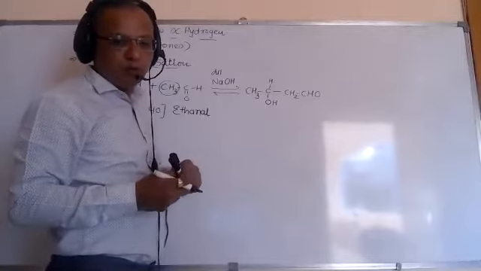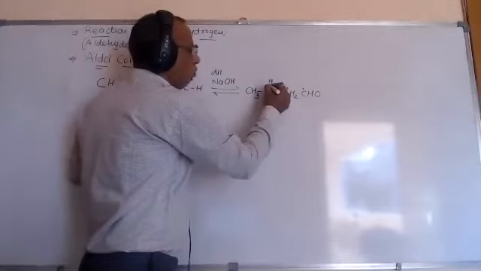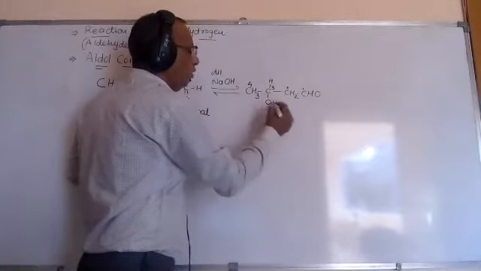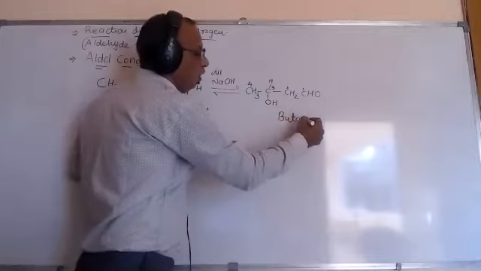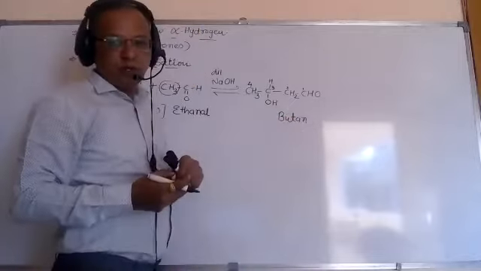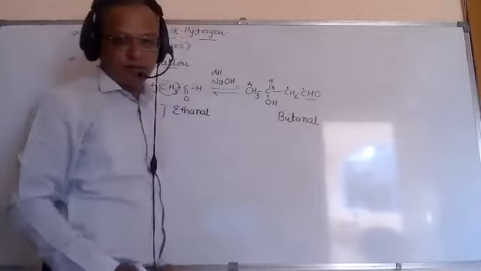What should be the name of the compound? So this is 1, 2, 3, 4 carbon. For 4 carbon, it is butane. But CHO is present, that's why butanal.